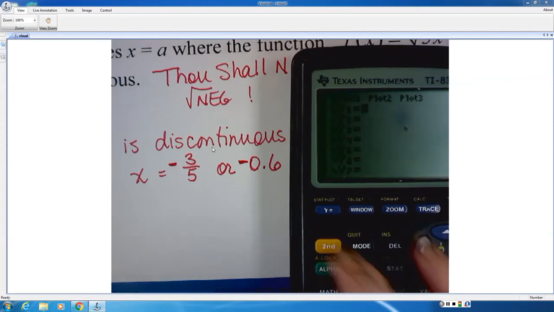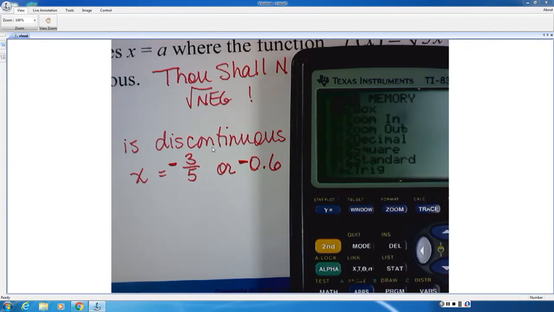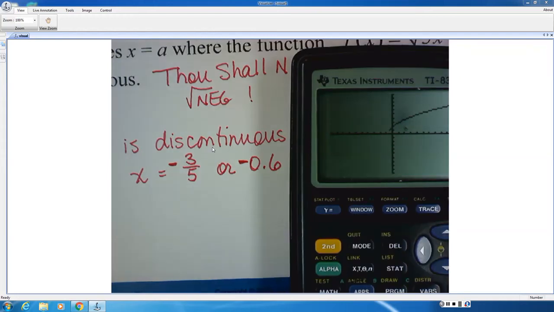So I'm going to type in the square root of 5x plus 3, close the parentheses, and I'm just going to hit zoom 6. Can you see that graph?